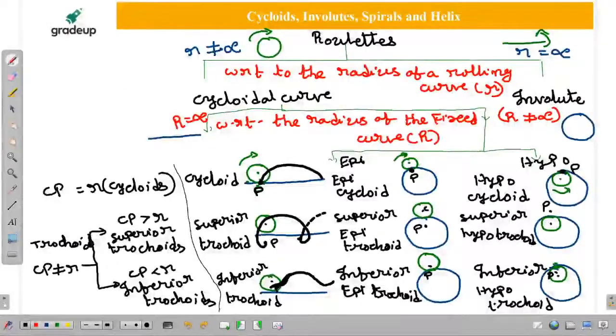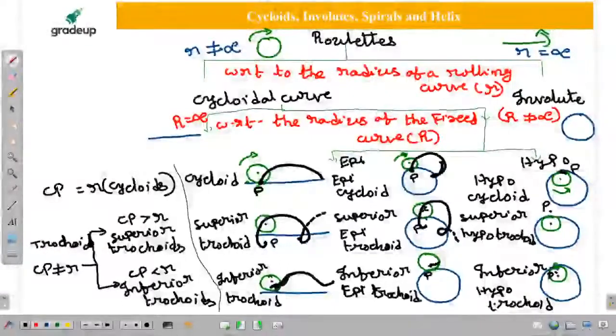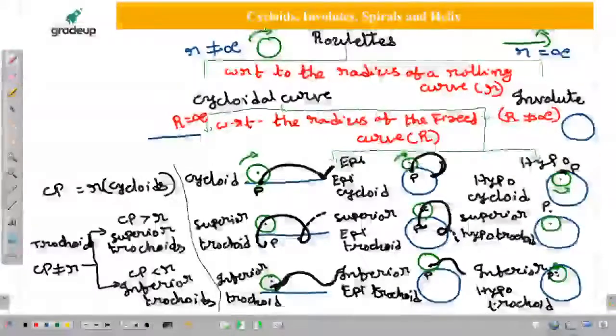Okay, here also the same. This is going to be epicycloid. Superior like this. Inferior. So here it is down and it is like this. It is a sharp V type we will get. Here it is a hook type we will get. Here it is flat we will get.